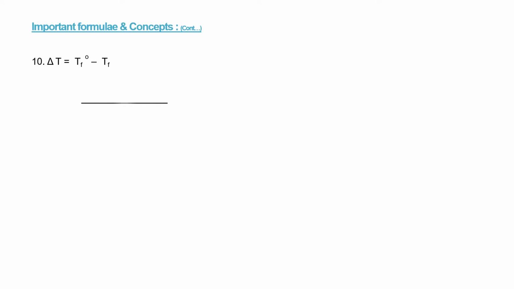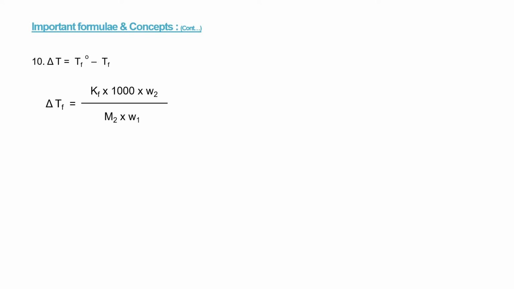Next, delta TF is equal to Kf into 1000 into W2 upon M2 into W1. Similar to elevation in boiling point, here also in depression in freezing point you just introduce a new constant, that is the cryoscopic constant, which we represent as Kf.